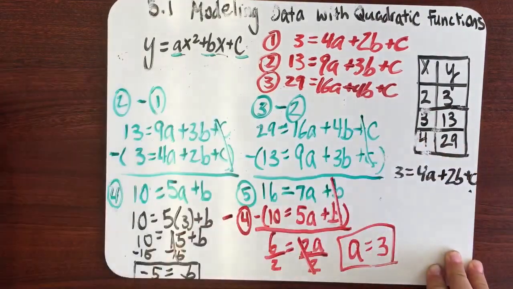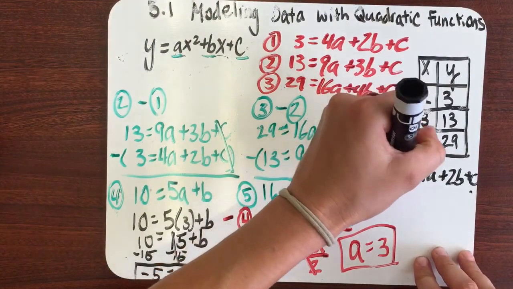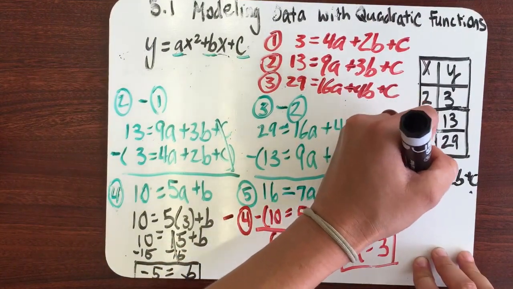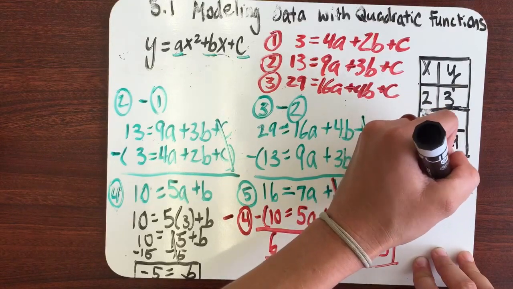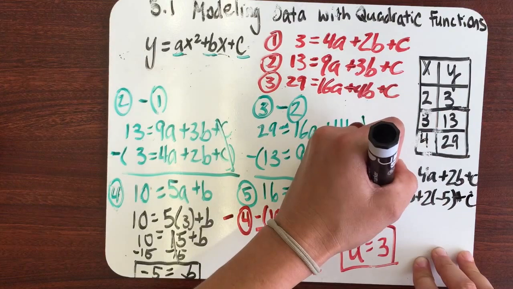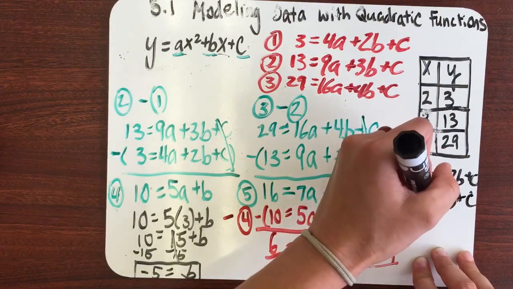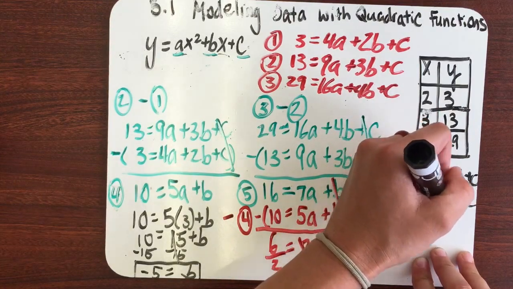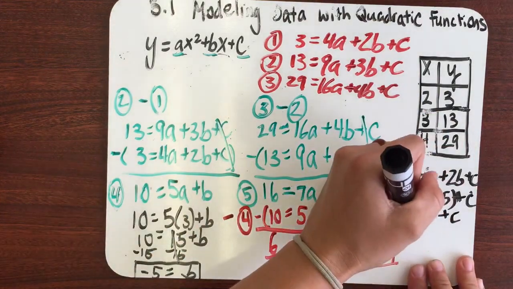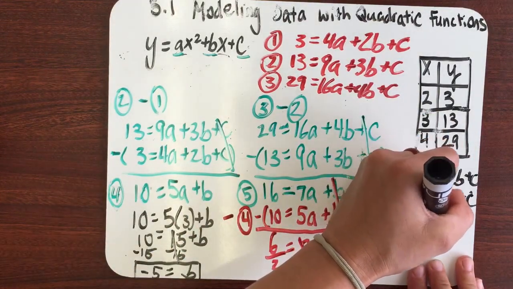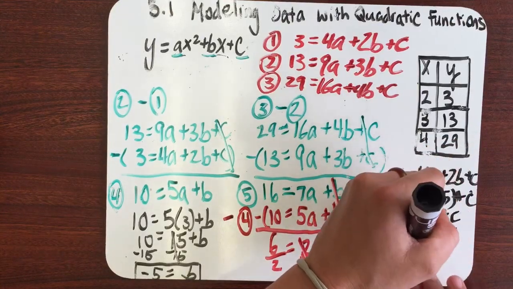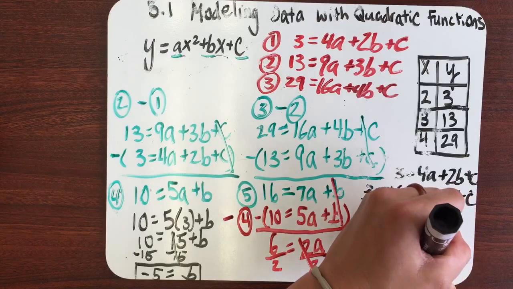Let me just rewrite that. 4 times 3 plus 2 times our b is negative 5 plus c. So we have 3 is equal to 12 minus 10 plus c. 3 is equal to 2 plus c. Subtract 2 from both sides. And c is equal to 1.